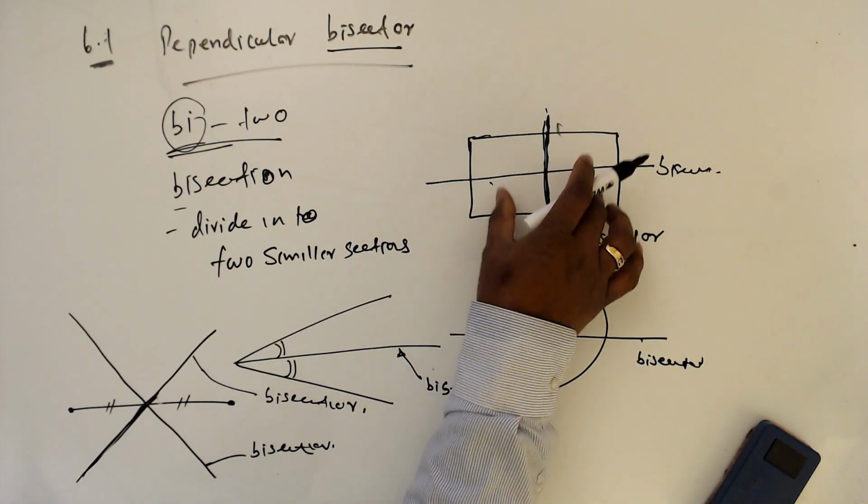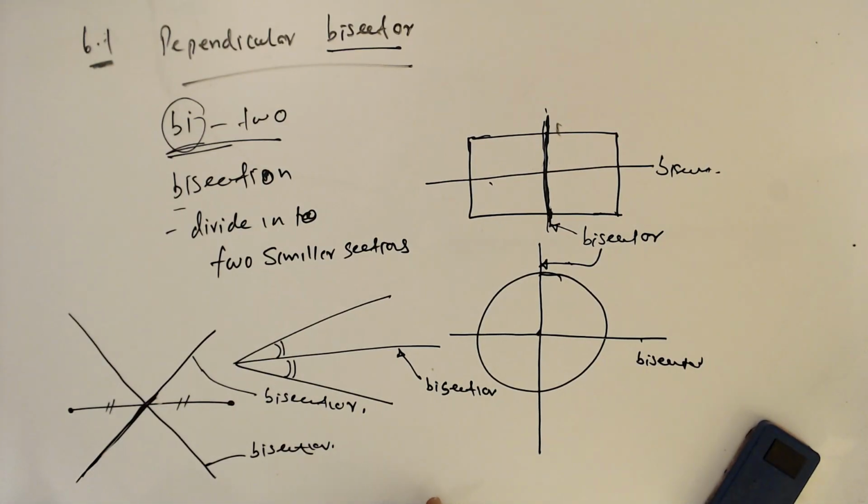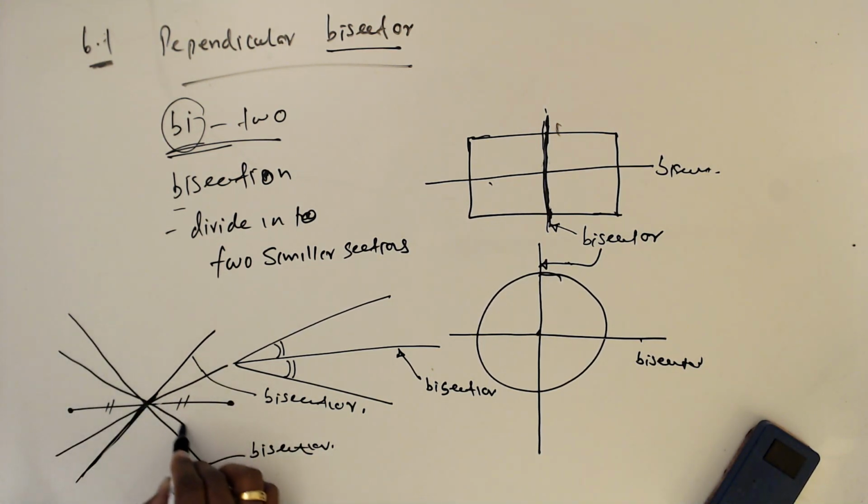I am breaking it into two similar pieces. On this line segment, I draw another bisector. Another bisector. So likewise, I can draw enough bisectors.